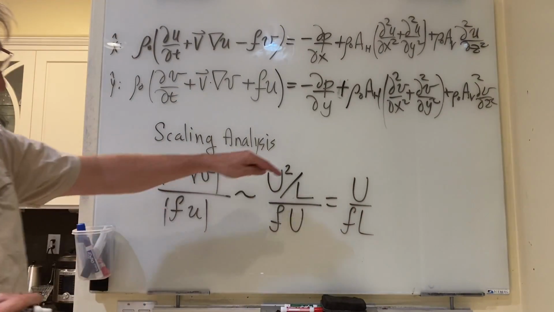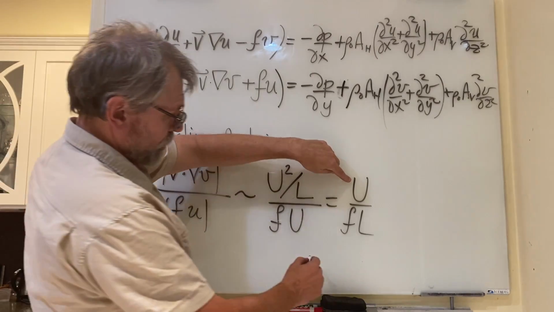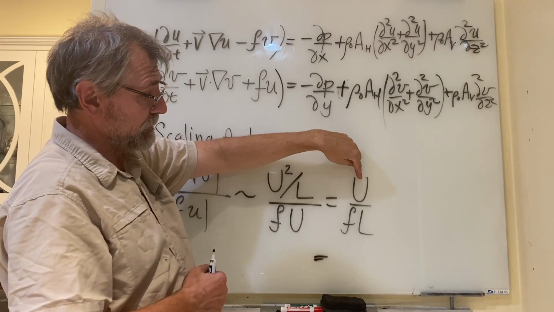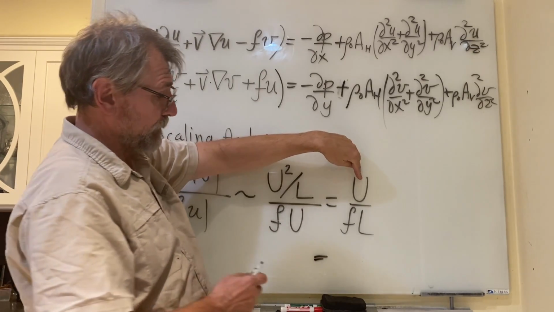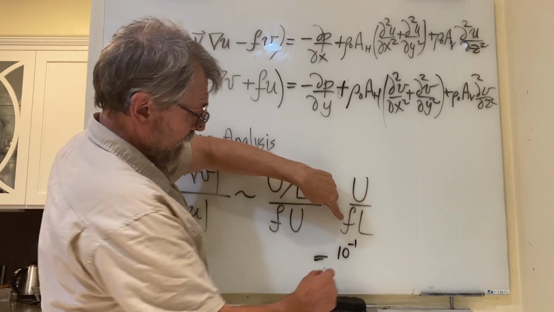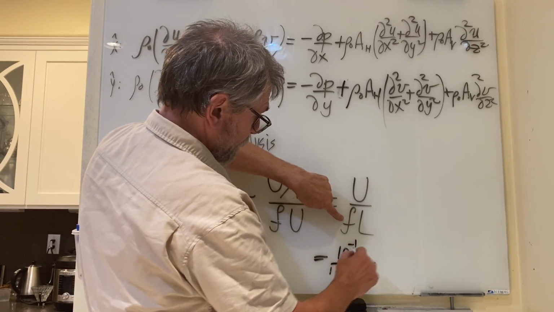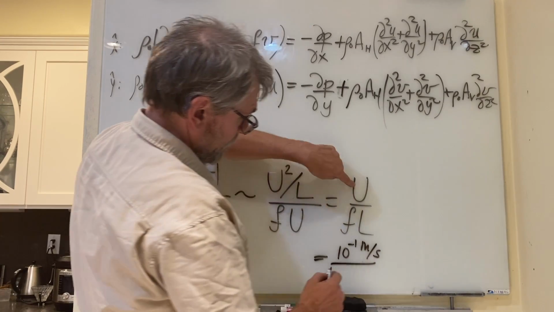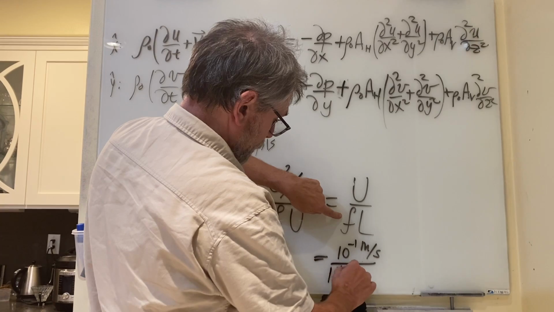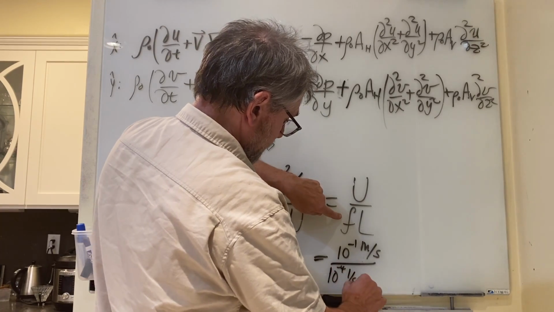Now that quantity, we can put in some scales. What do we know? Well, in the gyres, I told you that away from the boundary currents, the typical velocity scale is about 0.1 meters per second, so that's 10 to the minus 1 meters per second. F, the Coriolis parameter, is about 10 to the minus 4, 1 over second.